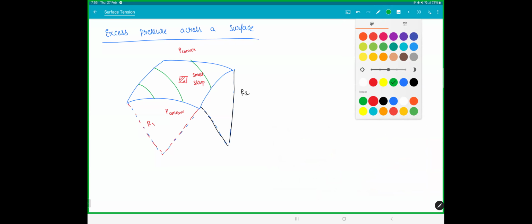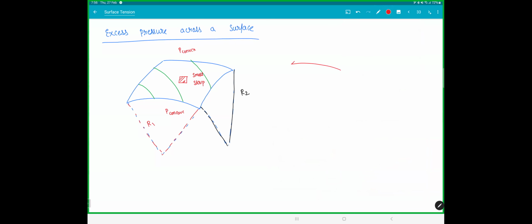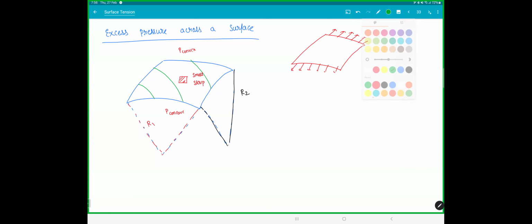So now if you take this surface here, or the small strip, I'm exaggerating the figure. If you try to write the forces, this is the tension forces which are pulling it like this. On the other side, the forces are pulling it like this.